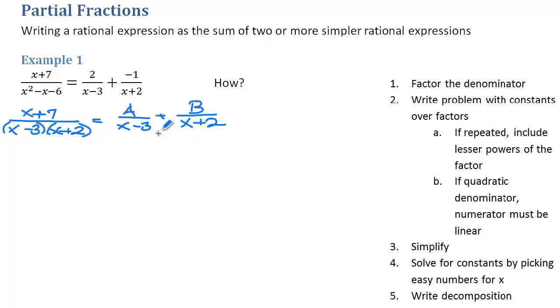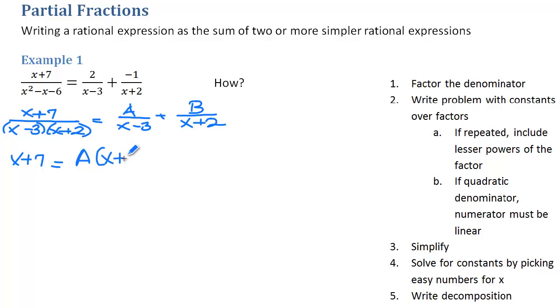If we are simplifying an equation like this, that means we're going to multiply everyone by the denominator of the original. So if we multiply the left side by x minus 3 and x plus 2, we get x plus 7. If we multiply A by x minus 3 and x plus 2, we're going to have A times x plus 2.